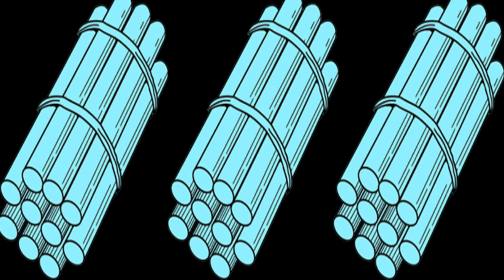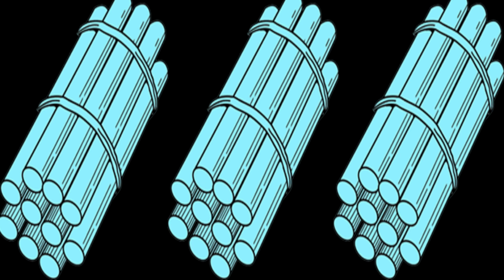Have you done it correctly? Now, if you get these 3 bundles of sticks, how will you count them? Will you open the bundles and start counting one by one? You can do it, but it will take much time. So, how do we count it easily? Let's learn. You have already learned about the place value of numbers.